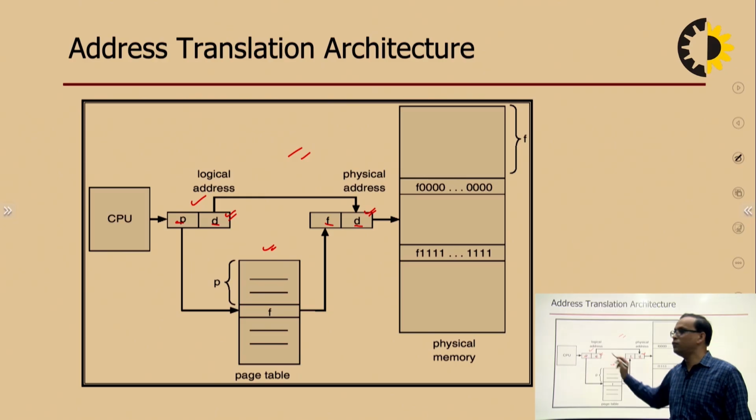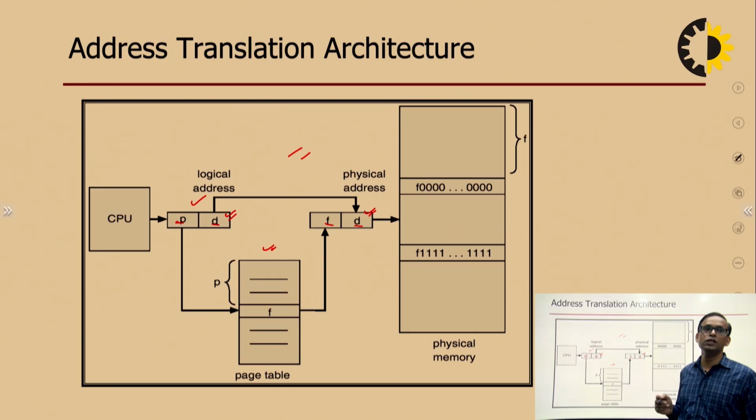So the value of d in the logical address and the value of d in the physical address will be the same. Once the frame number is obtained, we can easily find the physical address, and once the physical address is known to the CPU, it will fetch the instruction stored at that physical address from main memory. So in this way the paging technique works.